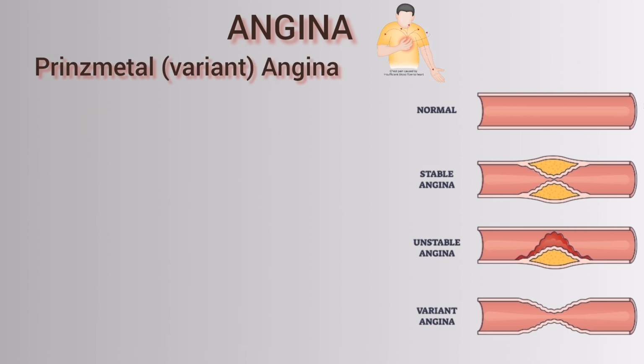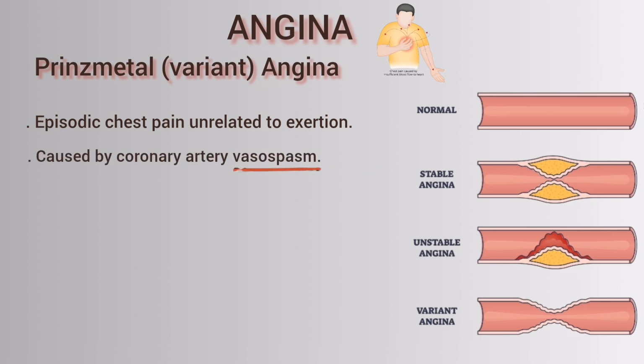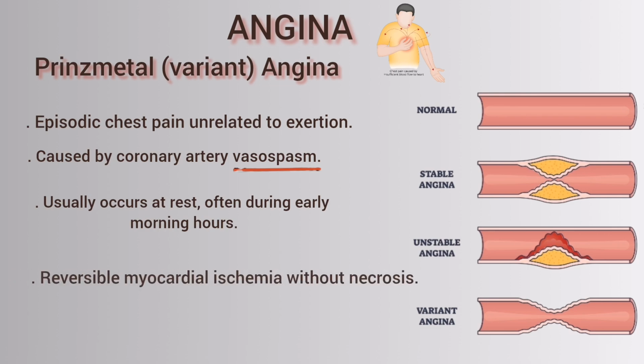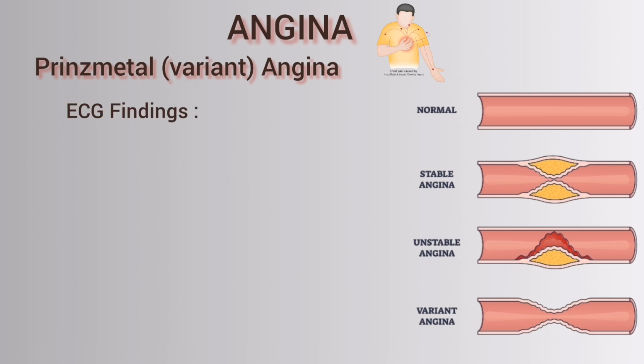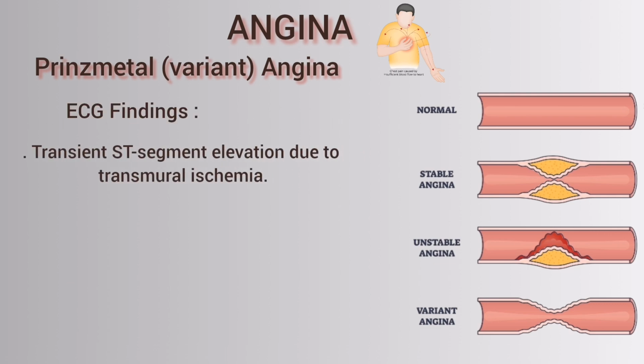The next is Prinzmetal angina, or variant angina. This is episodic chest pain unrelated to exertion, caused by coronary artery vasospasm, usually occurring at rest, often during early morning hours. The pathology in this case is reversible myocardial ischemia without necrosis, and the ECG finding is transient ST segment elevation due to transmural ischemia.